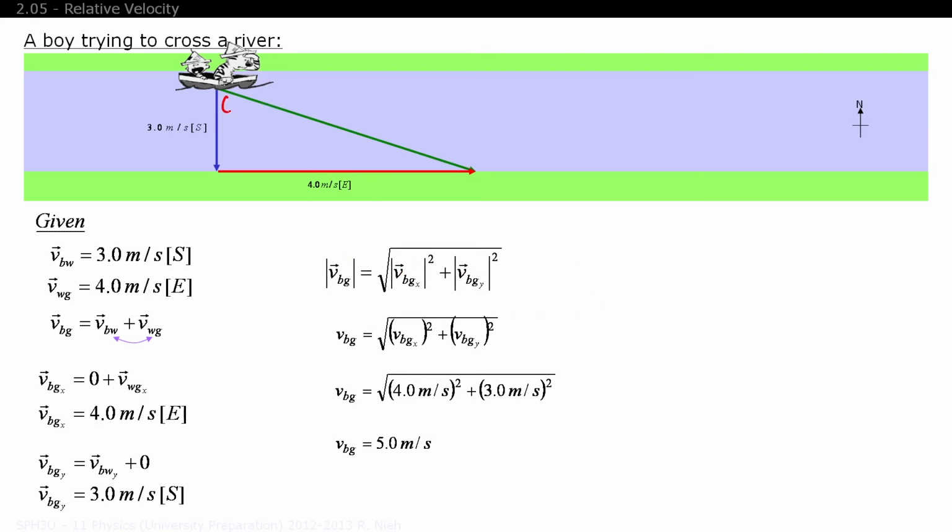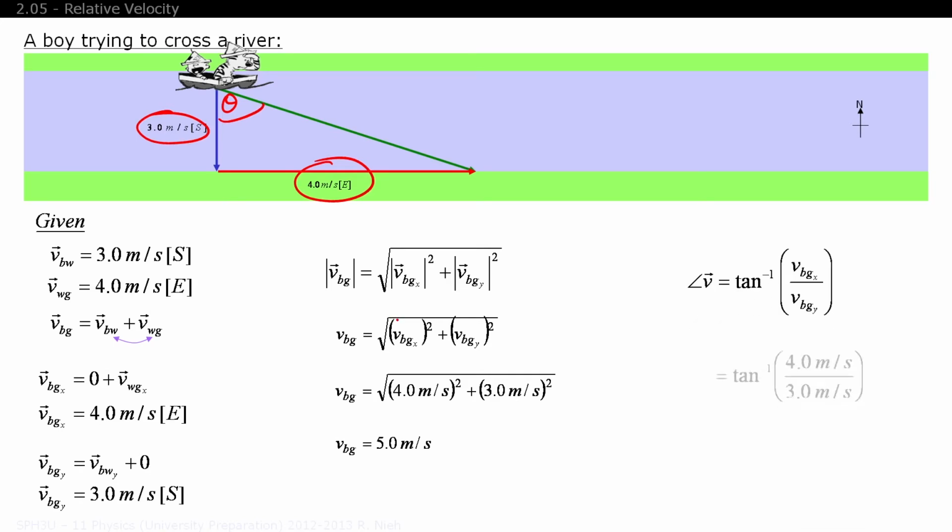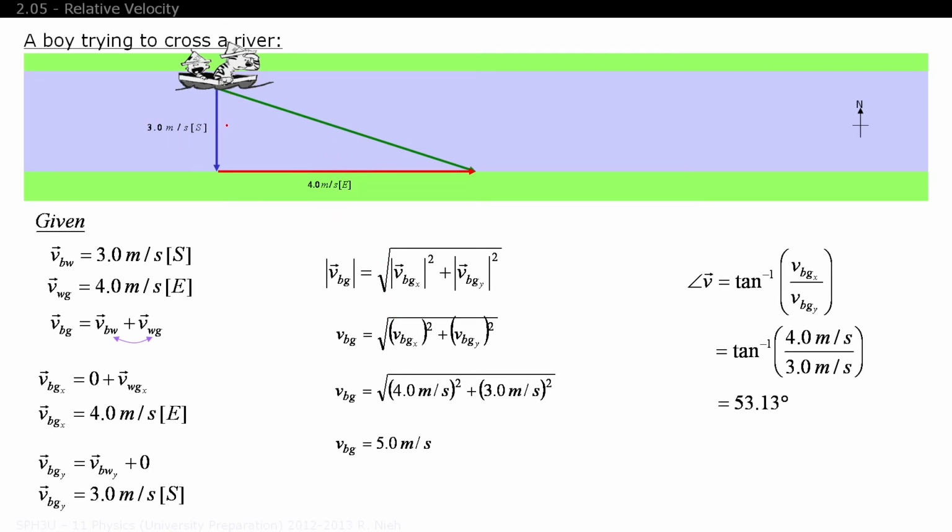To solve for the corresponding angle that we're sailing in, we notice that we have the opposite side and the adjacent side, and that's why we're going to do tan inverse. The tan inverse of 4 over 3 gives you 53 degrees. To get the final mark, you need to state the final conclusion. The velocity of the boat relative to the ground is traveling at 5 meters per second, south, 53 degrees towards the east.